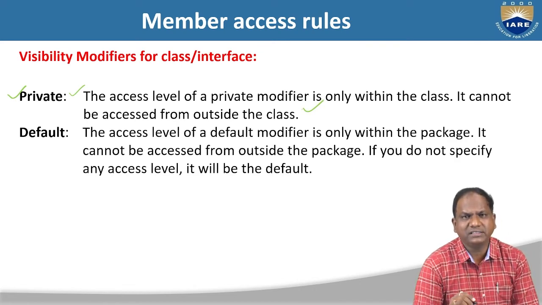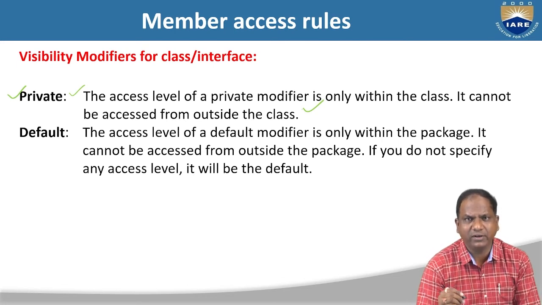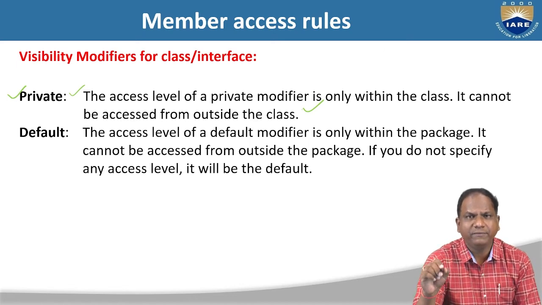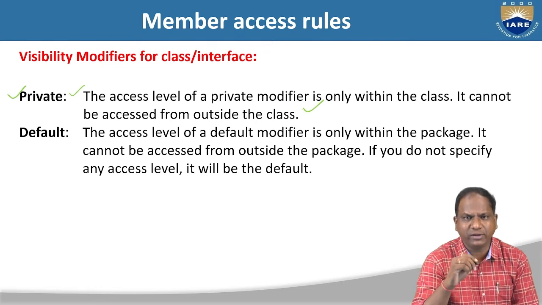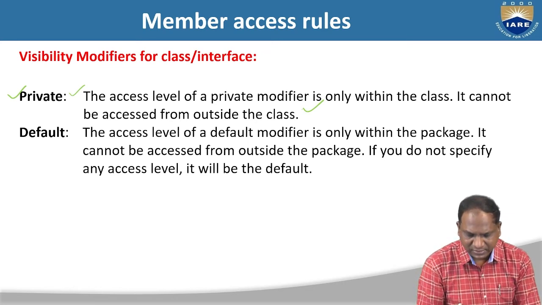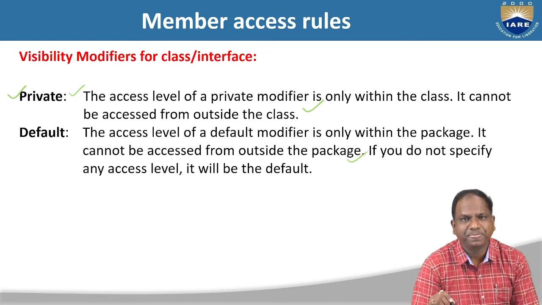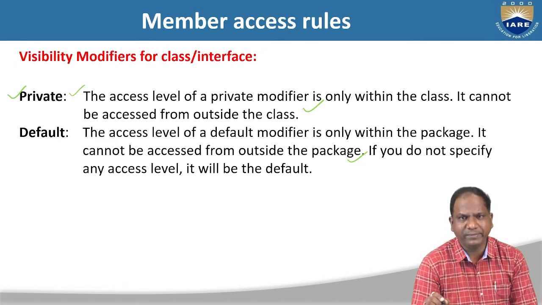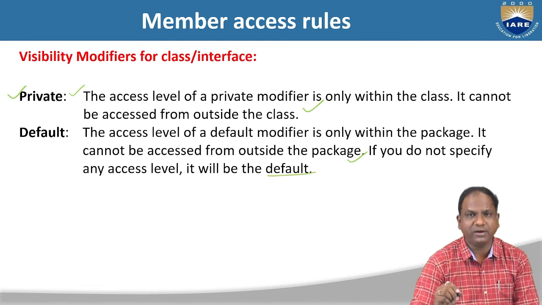Then there is another access modifier called default. When you declare your members with the default modifier, the accessibility level is only within your package. Outside the package, if you want to access your members, it is not possible. So it cannot be accessed from outside of the package. If you do not specify any access level for your members, by default it is the default access modifier.